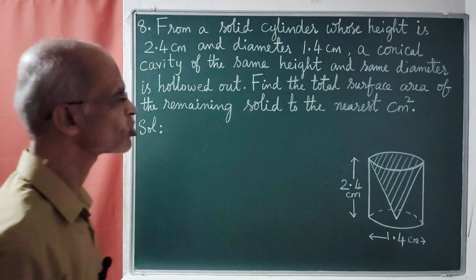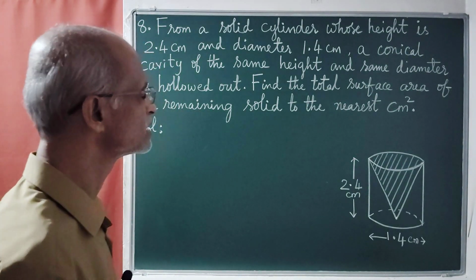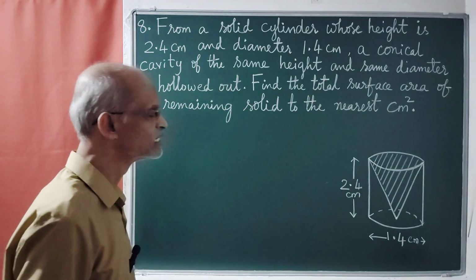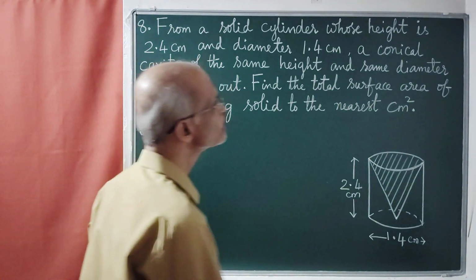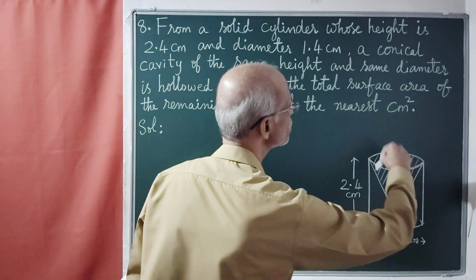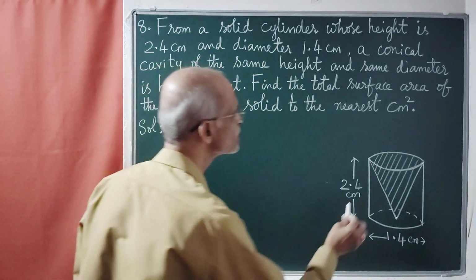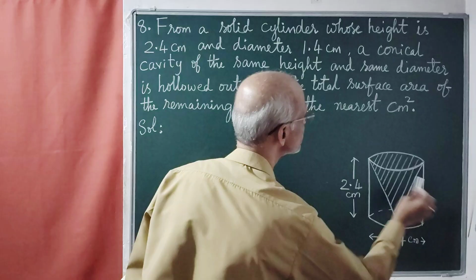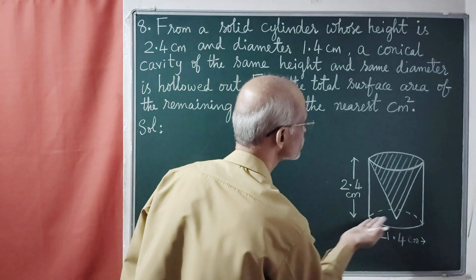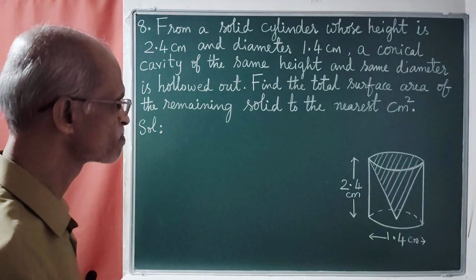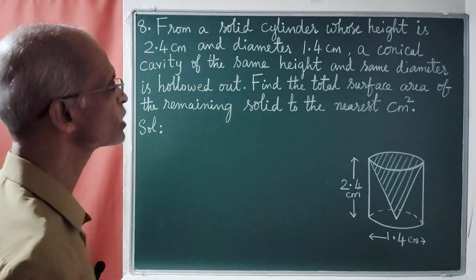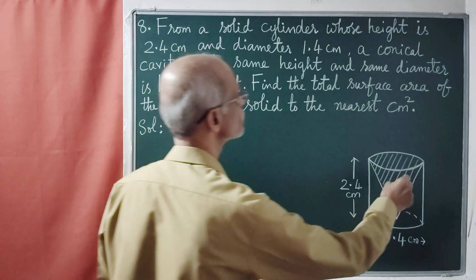So this solid's surface area means what? The CSA of the cone plus CSA of the cylinder plus area of the base of the cylinder. So first we'll find out the CSA of the cone.